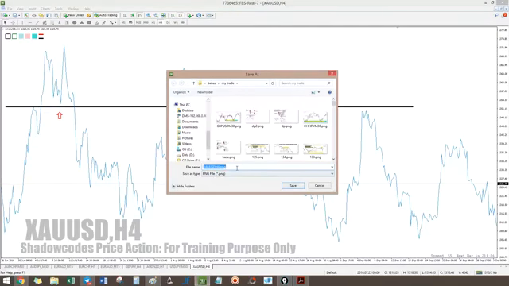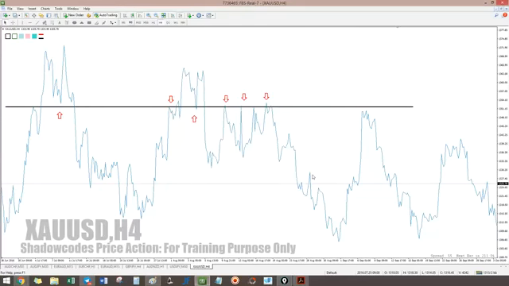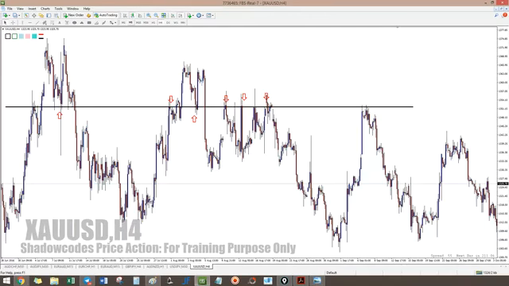And then change it to candlestick chart. Right. So you can mark this higher shadow at the first start here until up here.